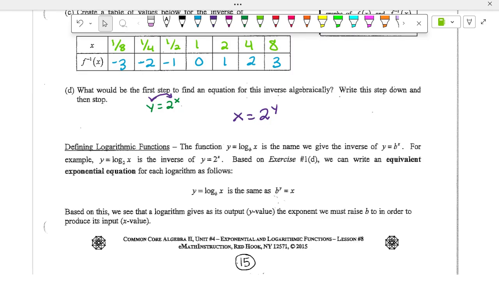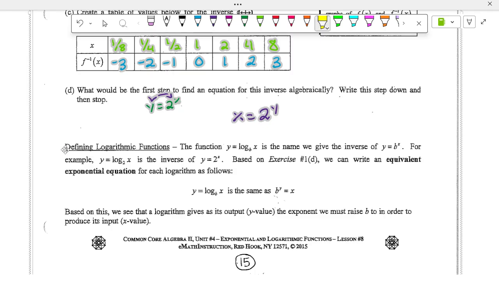All right? So, when we're defining a logarithmic function, a typical logarithmic function looks like this. y equals log with a little subscript b of x. So we call it log base b of x. And it's the inverse of y equals b to the x power.